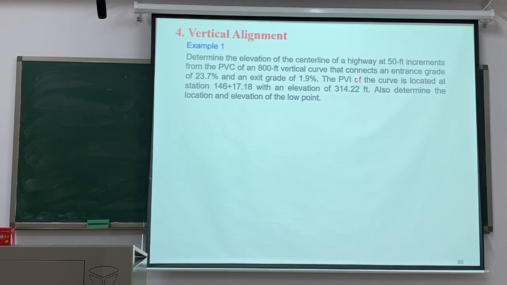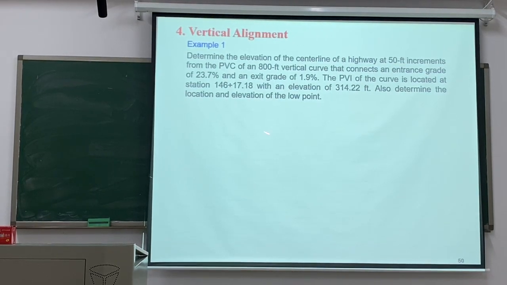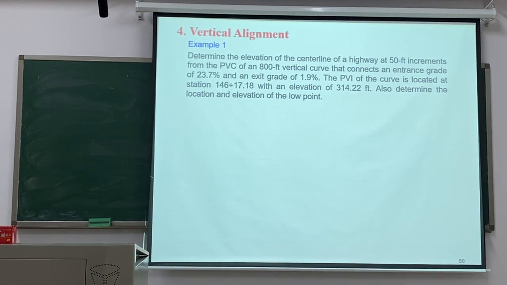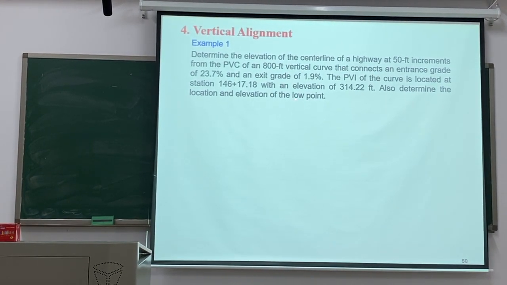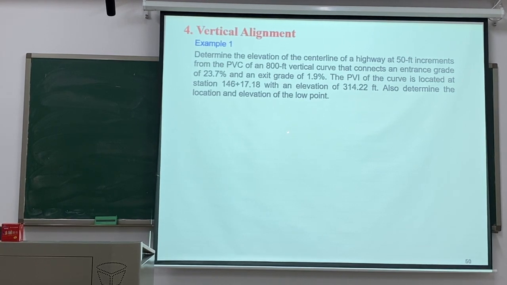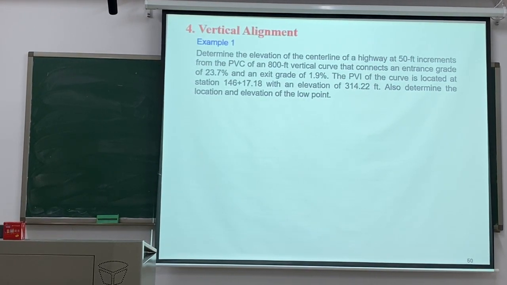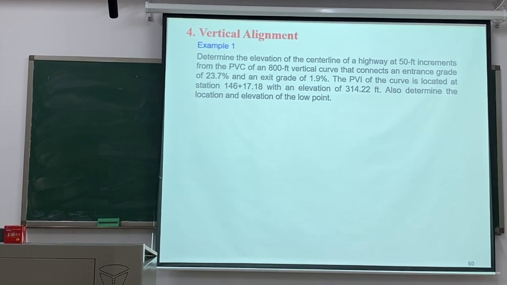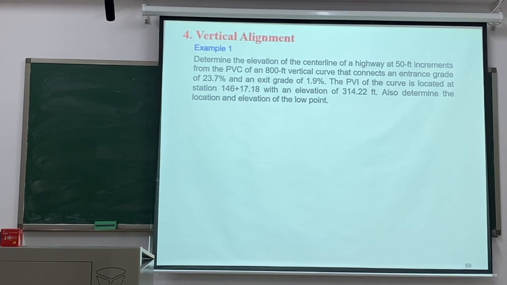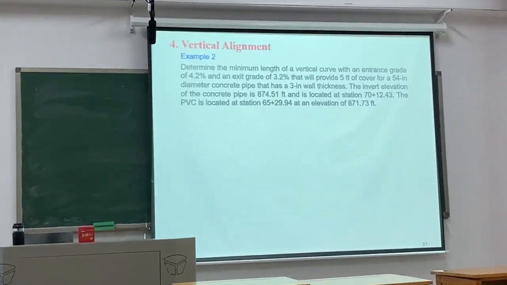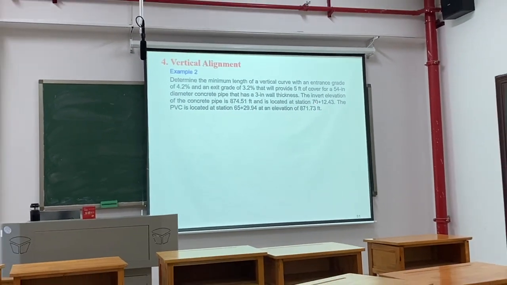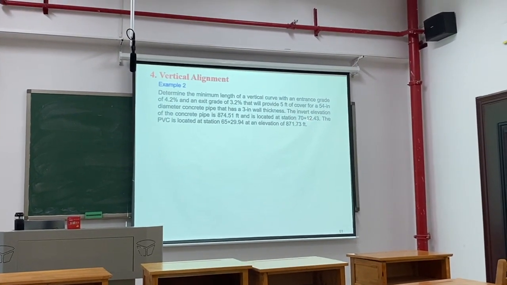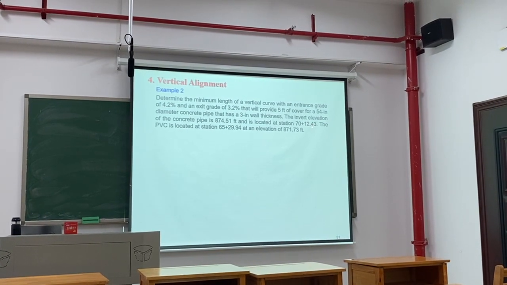We should know how to calculate it. Also determine the location of a culvert, located at station 71+43.